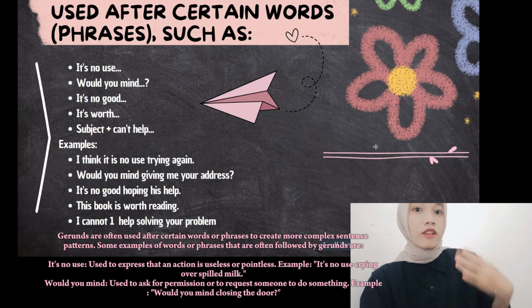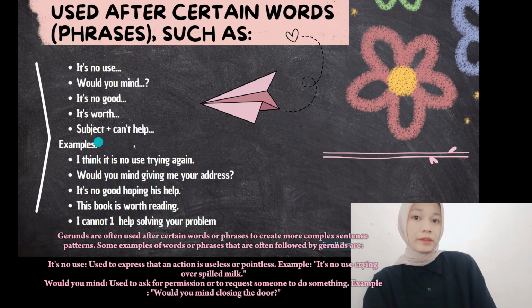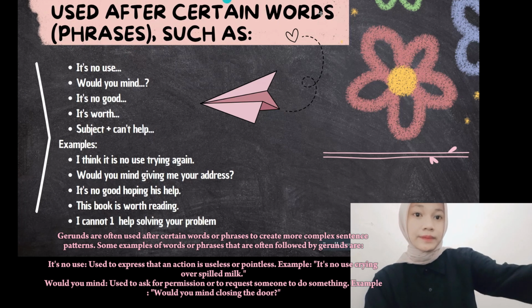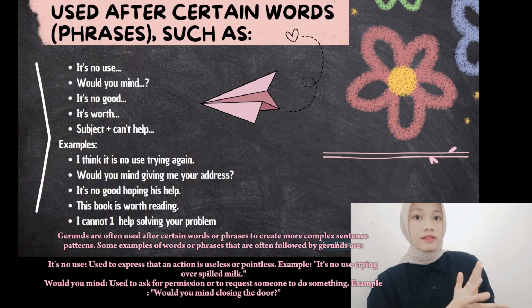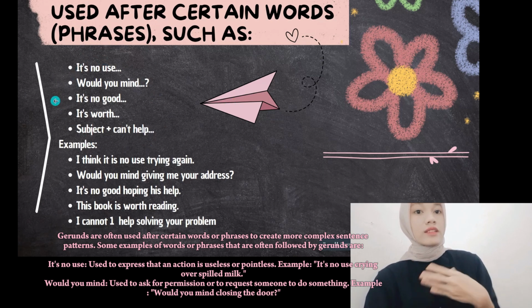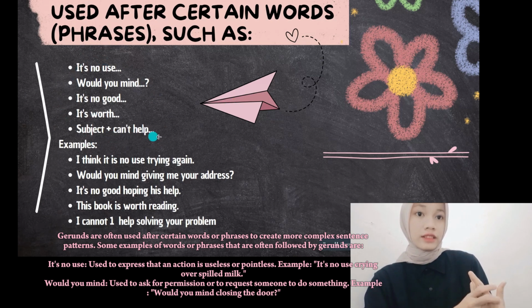Gerunds are often used after certain words or phrases to create more complex sentence patterns. Some examples of words or phrases that are often followed by gerunds are: 1. It's no use. Used to express that an action is useless or pointless.